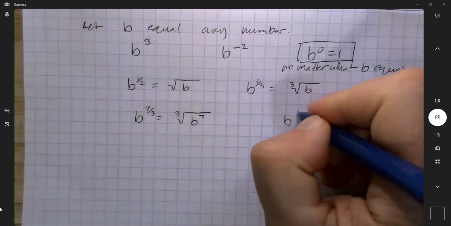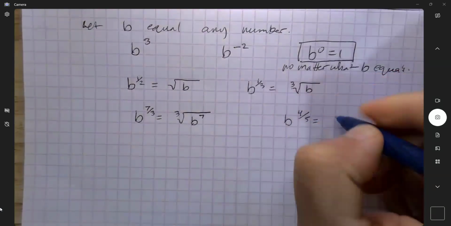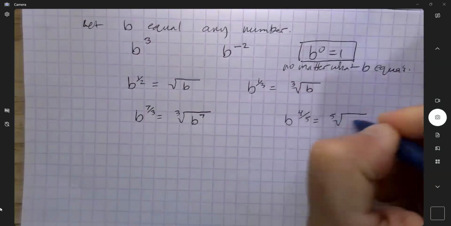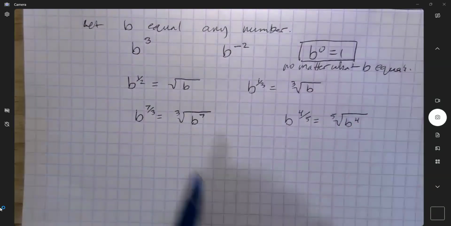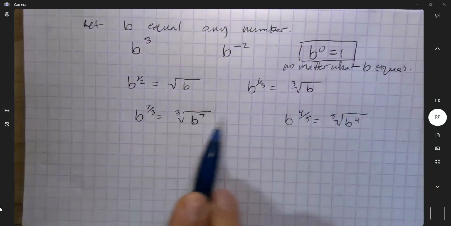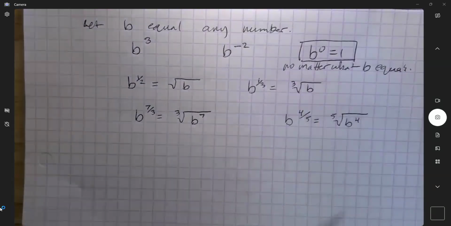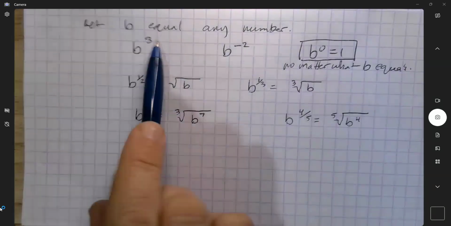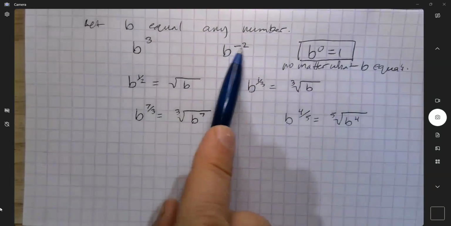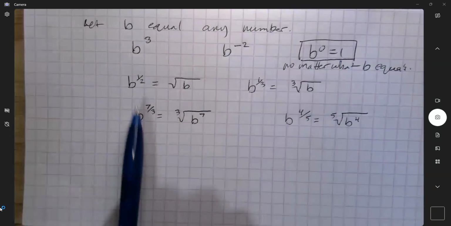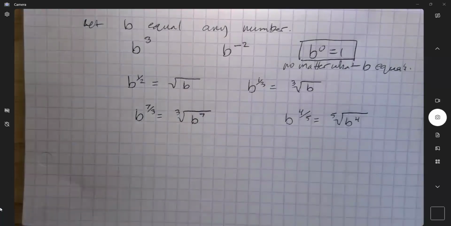And B to the, let's say, 4/5 is the 5th root of B to the 4th. I can put negatives on any of these, and it just switches things into fractions. So now we have whole numbers, negative numbers, 0, fractions, and negative fractions follow from that.